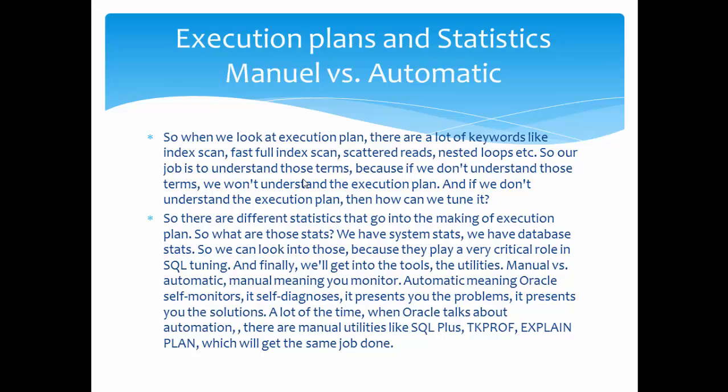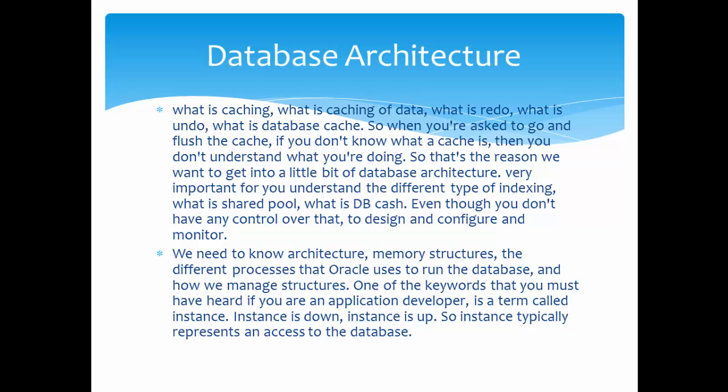Manual meaning you monitor, automatic meaning Oracle self-monitors, self-diagnoses, prevents problems, and presents you the solutions. A lot of the time when Oracle talks about automation, there are manual utilities like SQL Plus, TKProf, and Explain Plan, which will get the same job done.